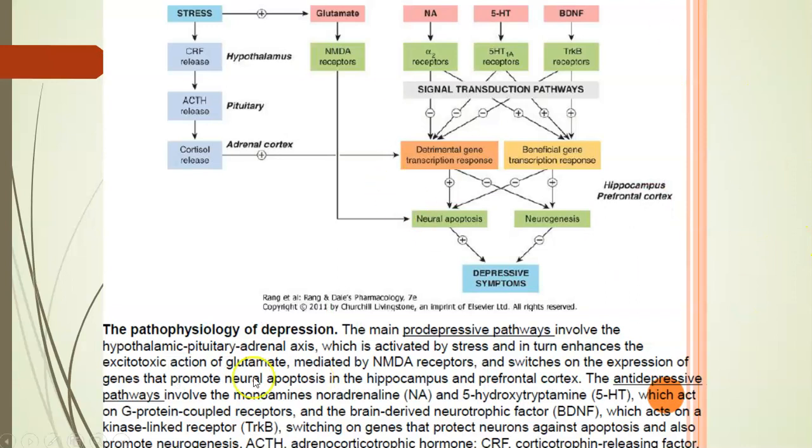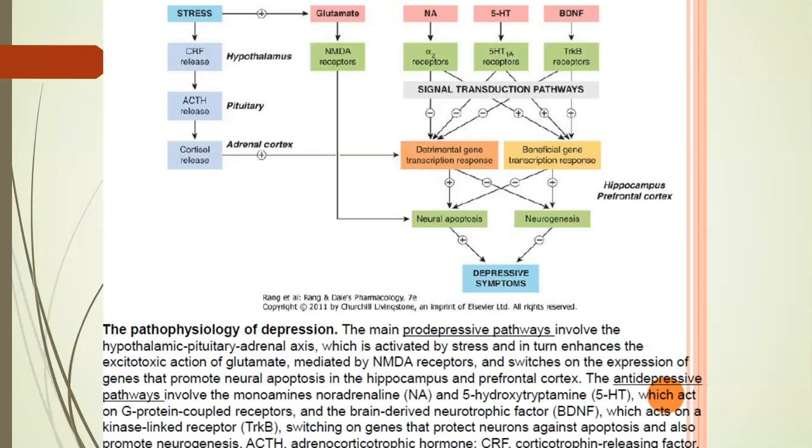So if you look at this diagram here, stress stimulates the release of glutamate, which then acts on the NMDA receptors to directly trigger neural apoptosis. On top of that, stress also causes release of cortisol from the adrenal cortex, which then stimulates detrimental gene transcription response to stimulate neural apoptosis again.